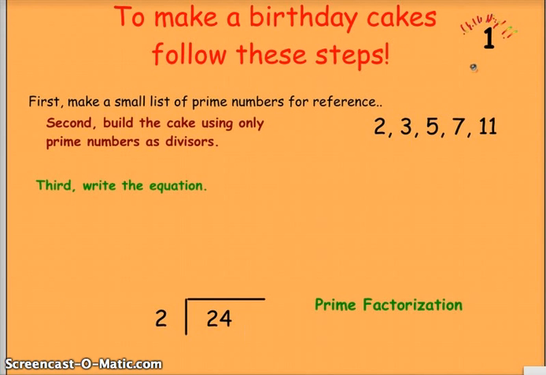The way to start is to make a small list of prime numbers for reference. First number we think of is 1, but 1 is not prime.